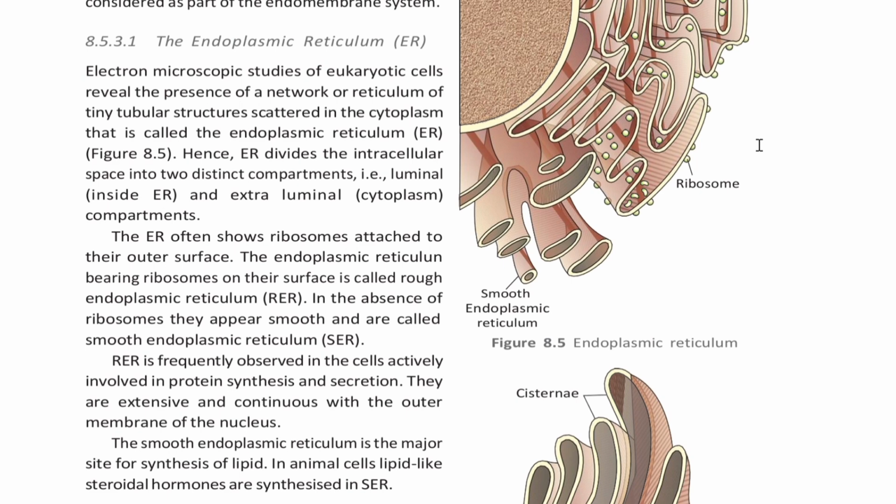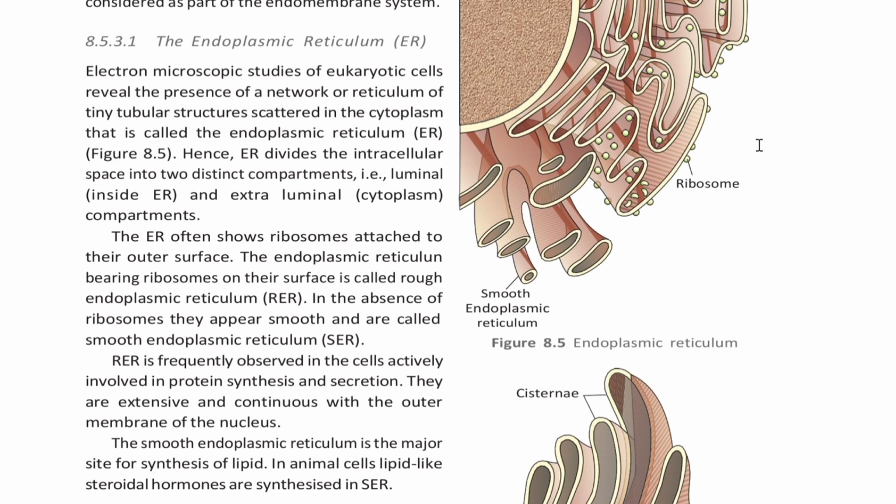The ER often shows ribosomes attached to their outer surface. The endoplasmic reticulum bearing ribosomes on their surface is called rough endoplasmic reticulum, that is RER. In the absence of ribosomes, they appear smooth and are called smooth endoplasmic reticulum, that is SER.